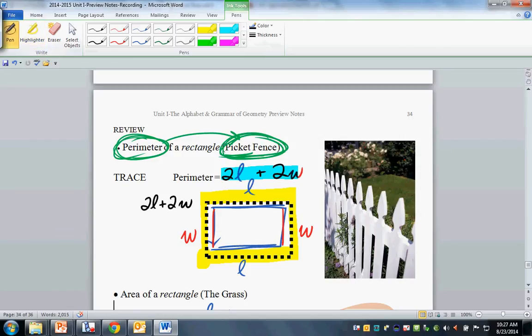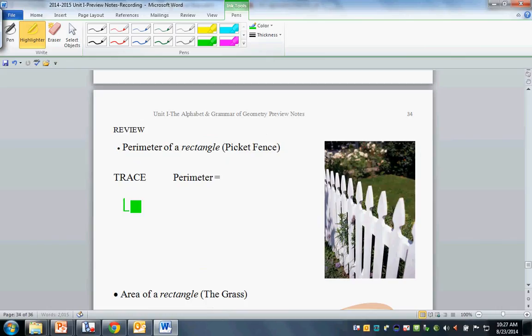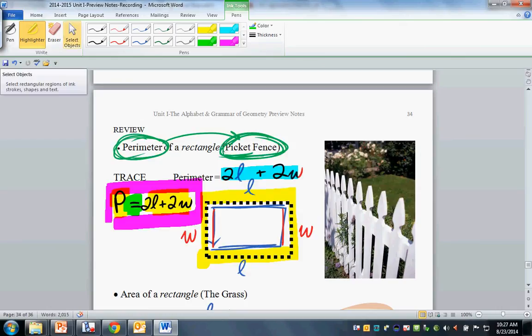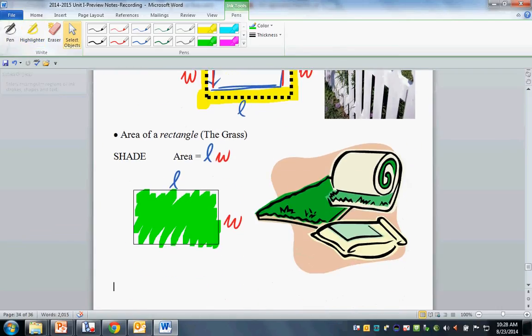When I ask you for the equation of a perimeter, an equation has an equal sign and has 2 sides. Perimeter equals. Very, very critical. Equations have 2 sides with an equal sign. Say it out loud. Equations have 2 sides with an equal sign.